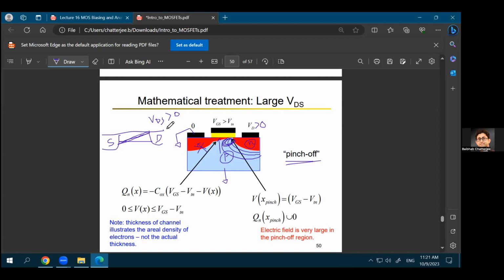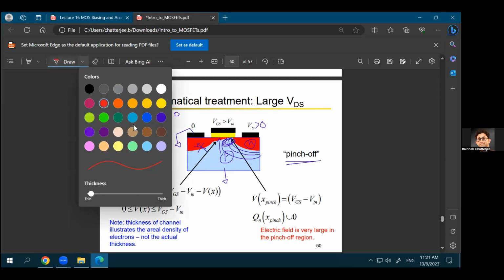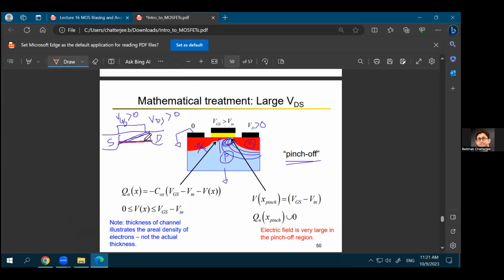You can think about it in another way. Initially, let's say you did not apply any VDS and you had created a channel between the source and the drain region by applying a gate voltage. Let's say your VGS is greater than 0, and by applying a positive VGS, you created a channel. So let's say this is your channel, what I'm drawing in red. Now as you are applying a positive VDS as well, you are attracting some of those electrons from the channel to the drain side already.